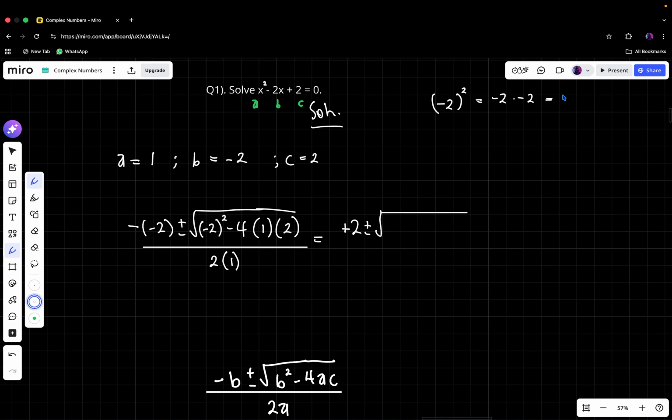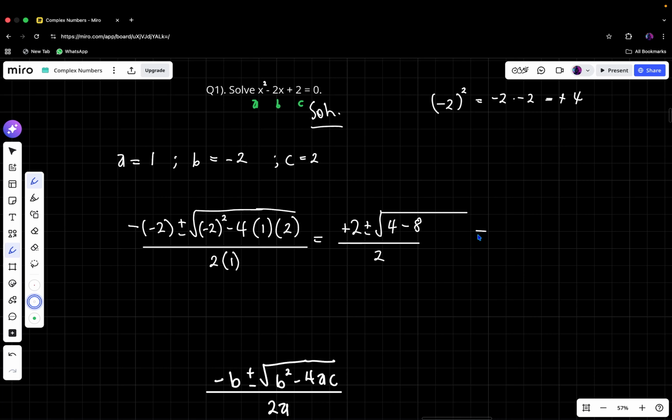Negative times negative is positive, 2 times 2 is 4, so -2 all squared is positive 4. 4 times 1 times 2 is 8. So this is 4 minus 8, all over 2 times 1, which is 2.